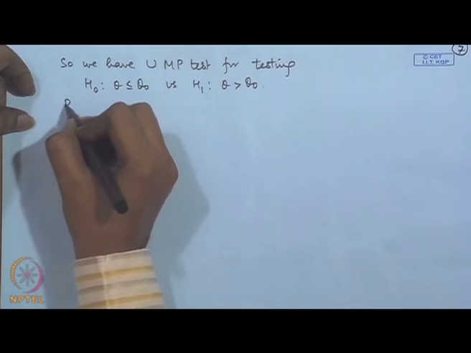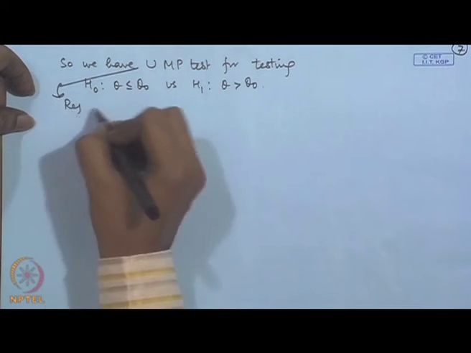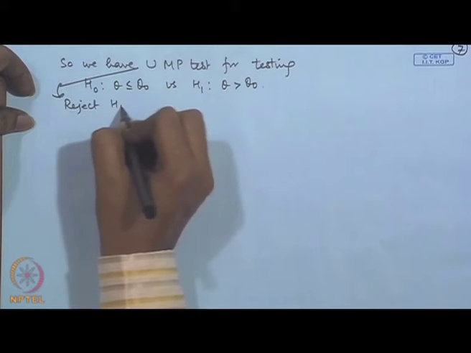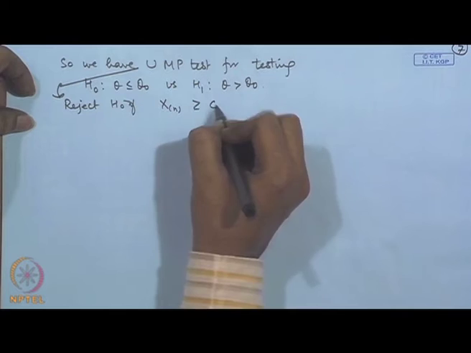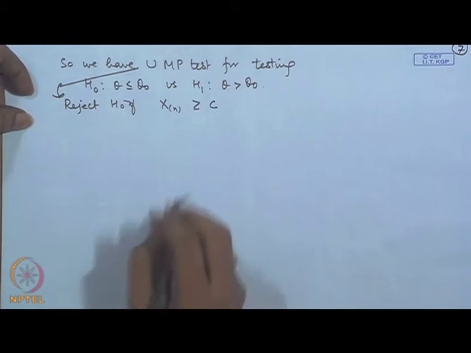The UMP test will be: reject H0 if x(n) is greater than or equal to some constant c.